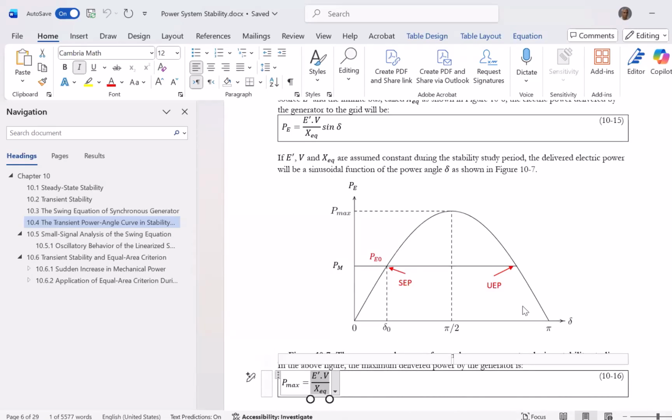Under steady state conditions, where am I at? I am at the intersection between PM and PE, which gives me 2 points. The first point is in here. The other point is in here. This is the point that I want to be in. This is the stable equilibrium point. The other point is not the stable equilibrium point. That's a UEP. Okay.